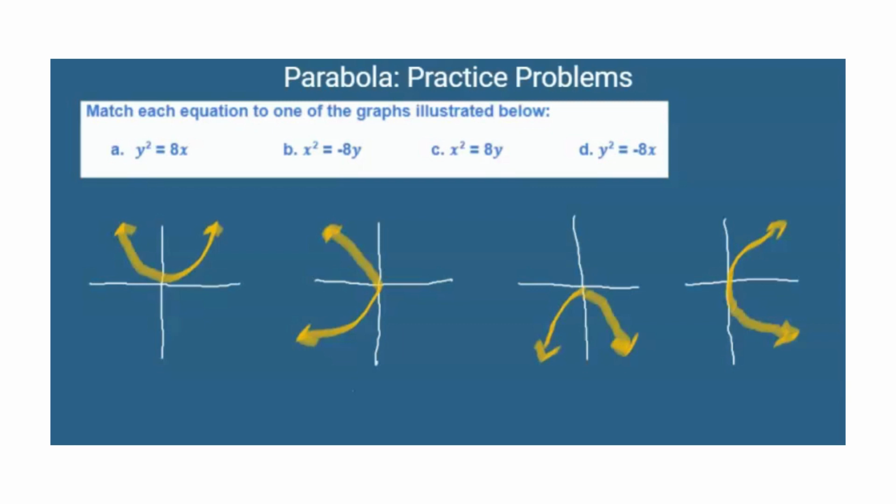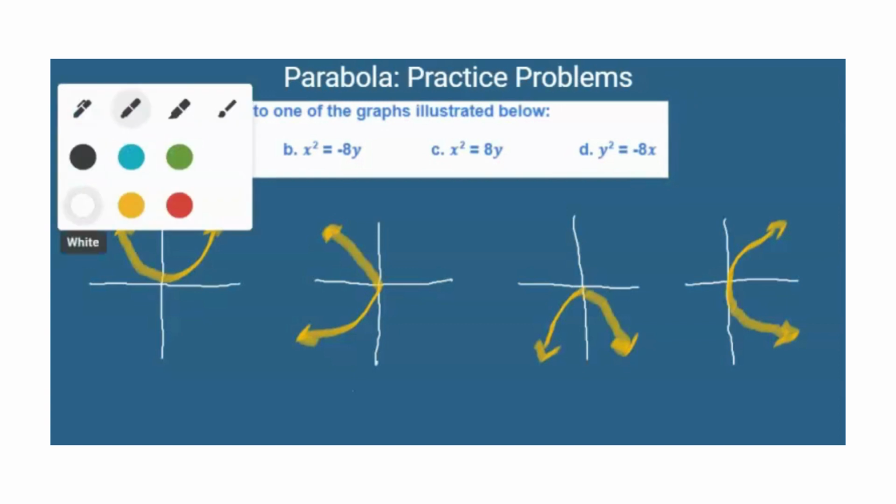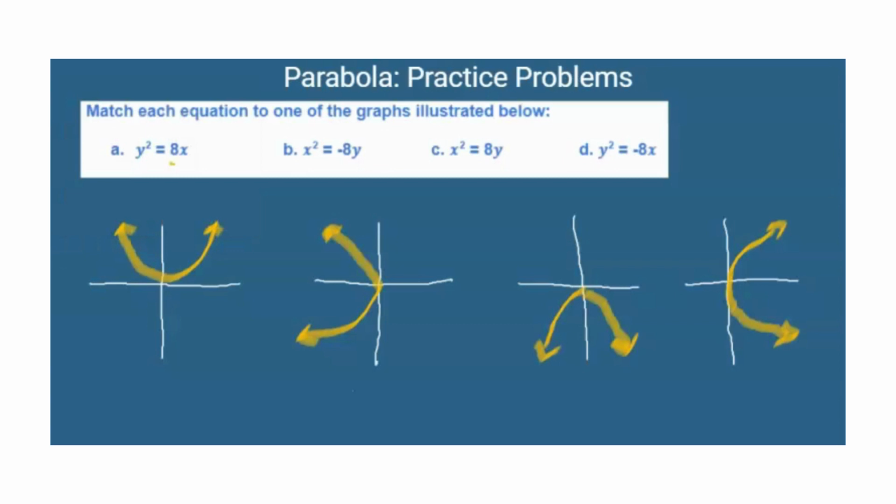Since our p is positive, it means the parabola is opening to the right. So this is A.